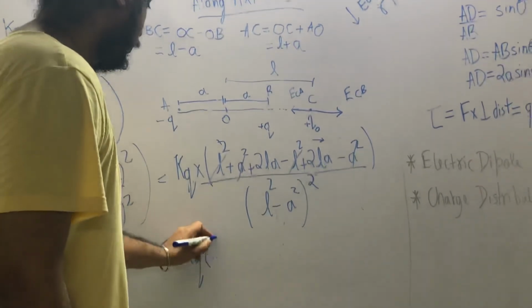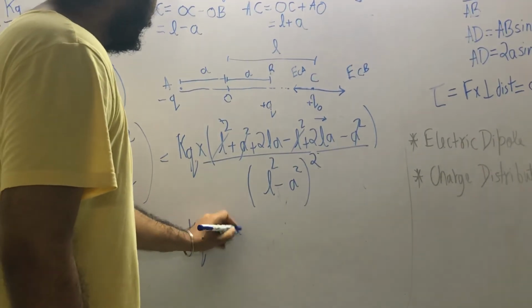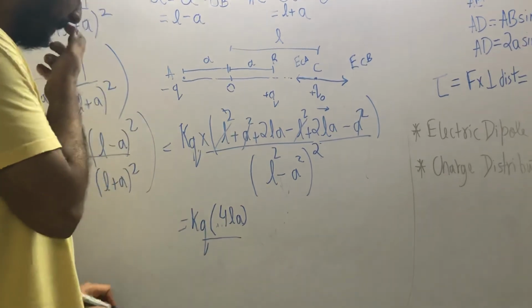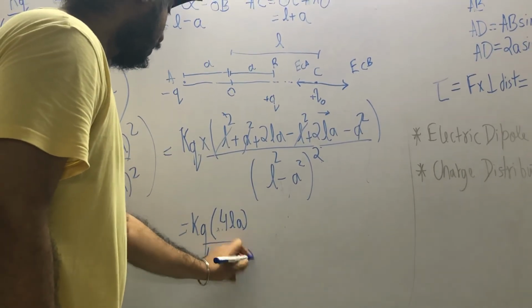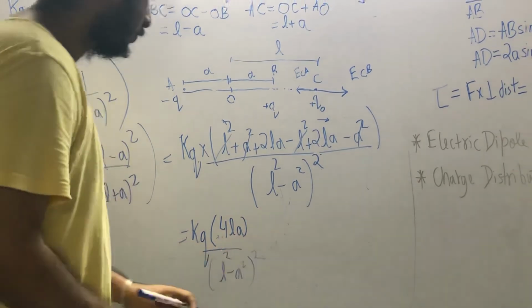KQ into 4LA upon (L square minus A square) into A square.